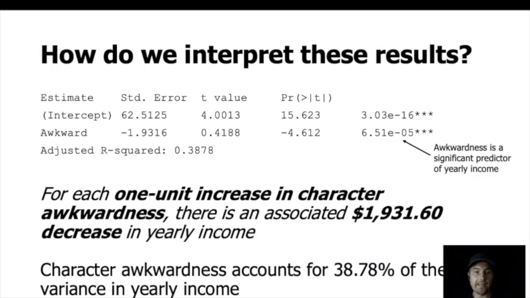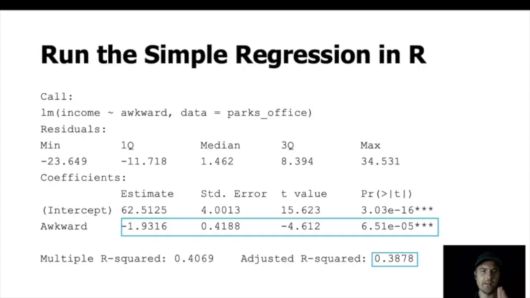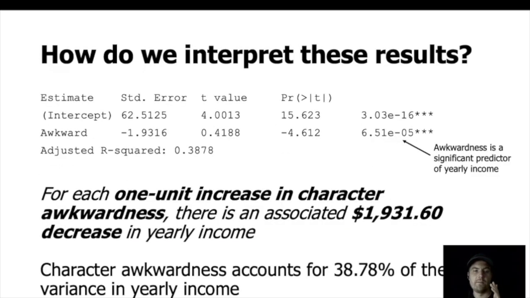This slide again goes over what I just said. Hopefully this is starting to make sense. That estimate in the slide, sorry, this one got messed up. The output should look like this. The interpretations are right here for us.